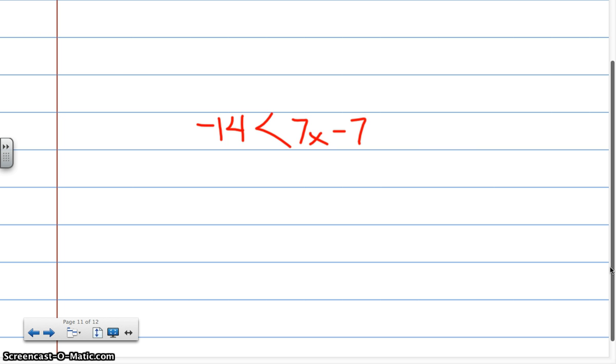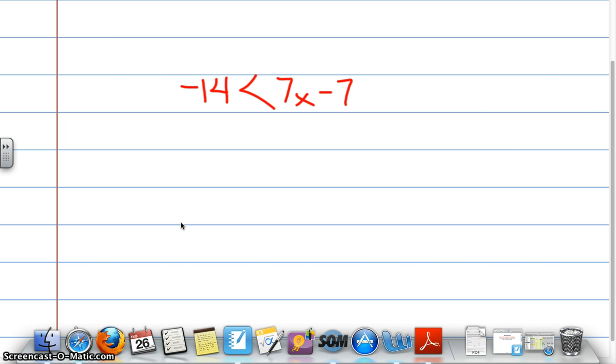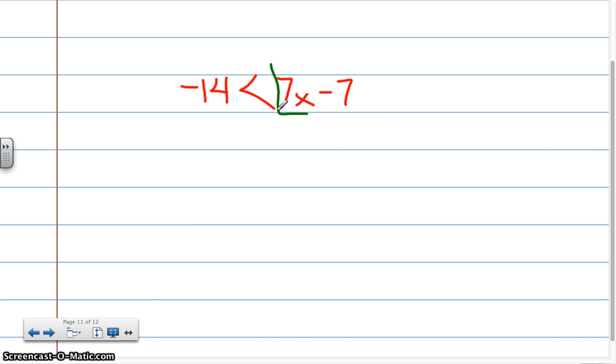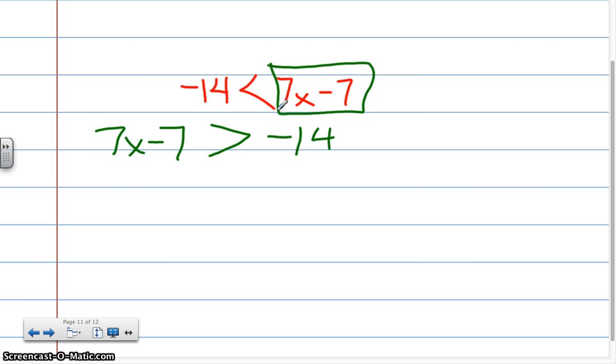Negative 14 is less than 7x minus 7. Okay, looking at this one, we have negative 14 is less than 7x minus 7. I notice my variable is on the right-hand side, so I want to get it to the left. So I rewrite that as 7x minus 7. Open mouth is facing it, keep it facing it, negative 14.